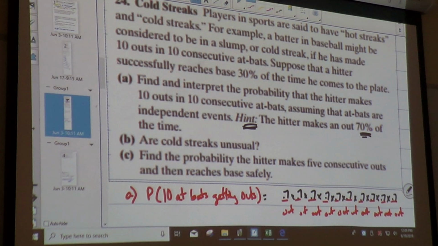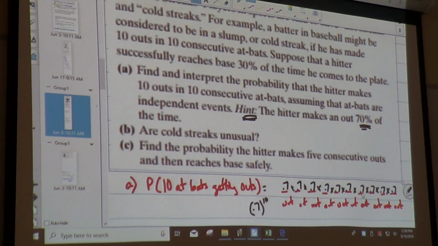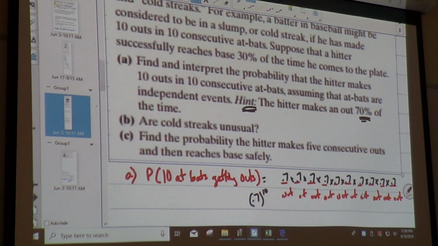So this is going to be 0.7 to the 10th, which gives me 0.02825. Are these cold streaks unusual? Yes, because it's less than 0.05.